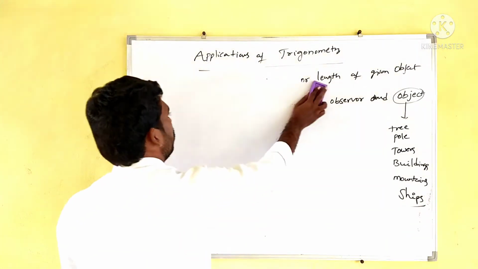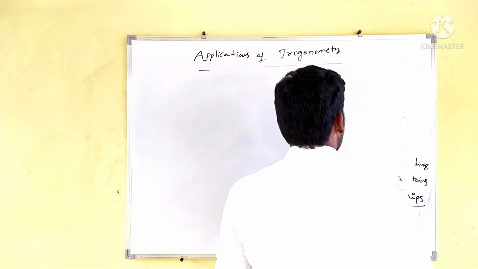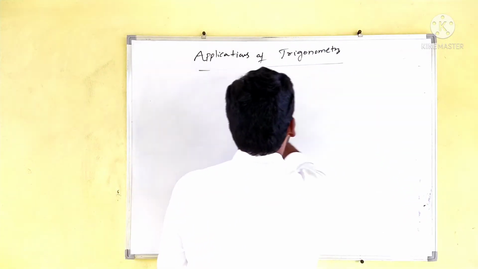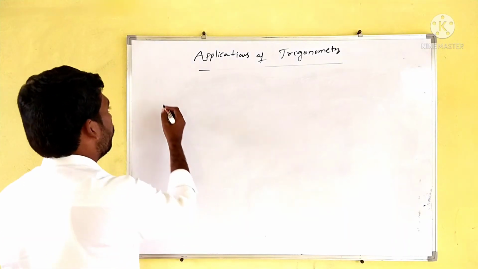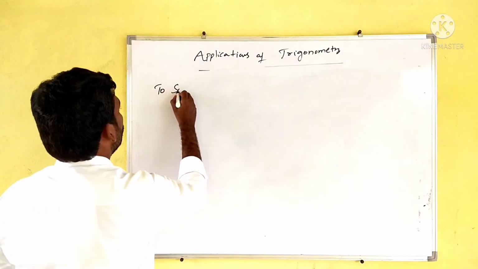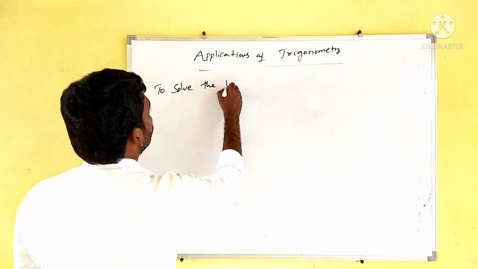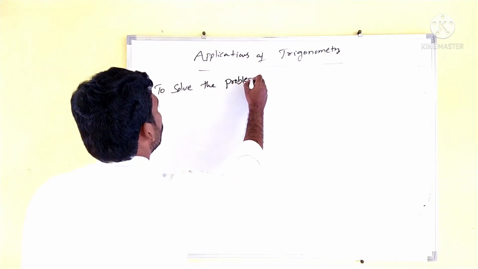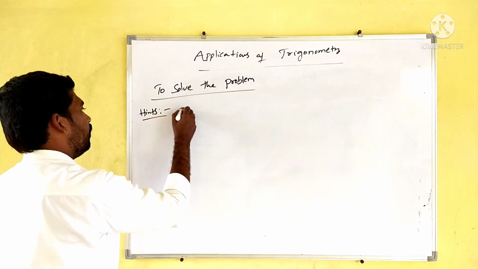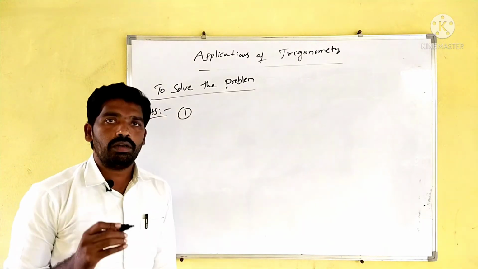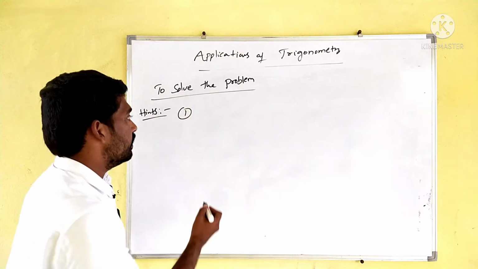So here you are observing some basic points that we discussed. Some hints to solve the problem, how to solve the problem. First, draw a rough diagram of a right angle triangle.